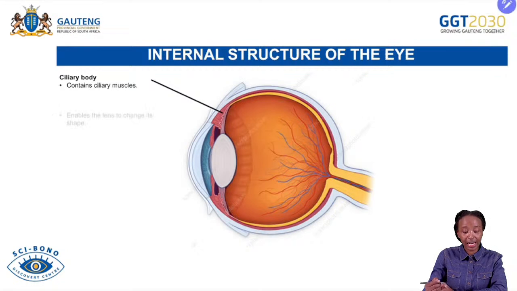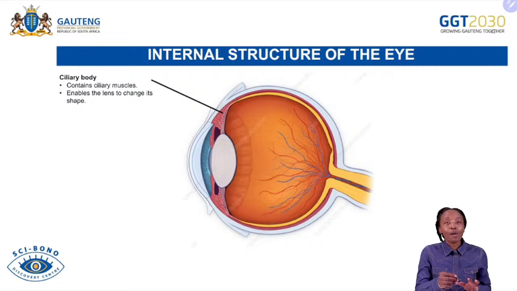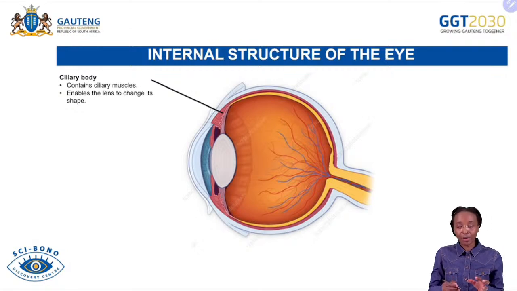So it contains the ciliary muscles, and its function is to be able to change the shape of the lens. Remember this oval shaped white part over here, this is what we call the lens. And when the lens changes its shape, it allows for a clear image to be formed. So the ciliary body with ciliary muscles also contribute in altering the shape of the lens.